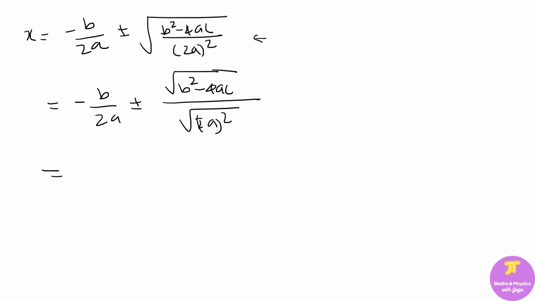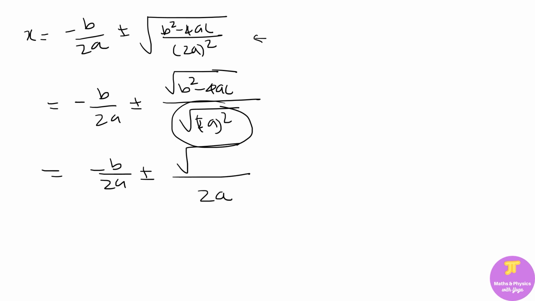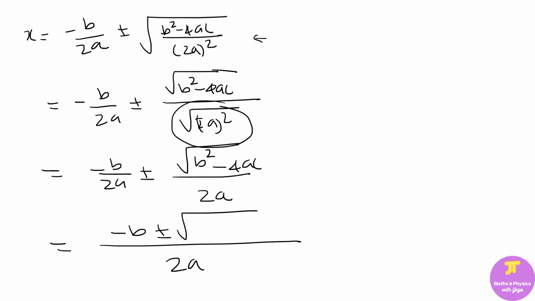And as you know, minus b over 2a plus or minus this bit, the square root of (2a) squared is nothing but just 2a, and what we are going to have is the square root of b squared minus 4ac. So if you take a common denominator, this is going to be 2a at the bottom, minus b plus or minus the square root of b squared minus 4ac, and so these are the solutions.